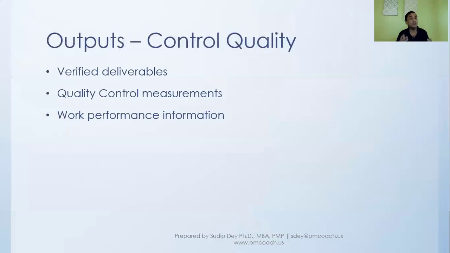And finally, also work performance information, the information that we gathered through the quality control process. And because of the quality control, there might be some changes coming, and change requests will be raised, which will go into direct and manage work so that these changes can be addressed.